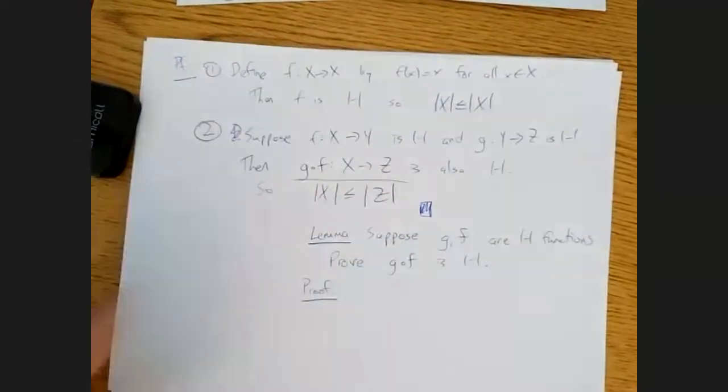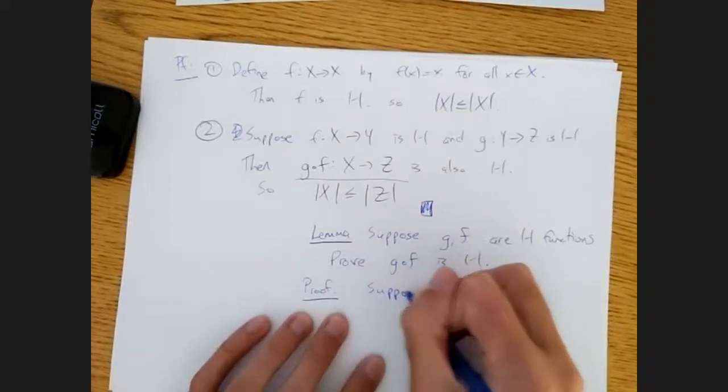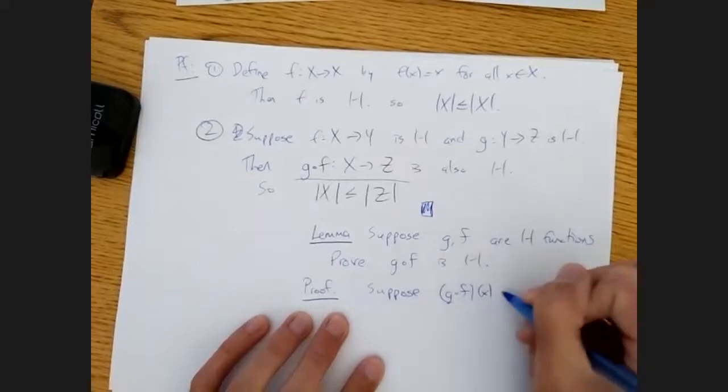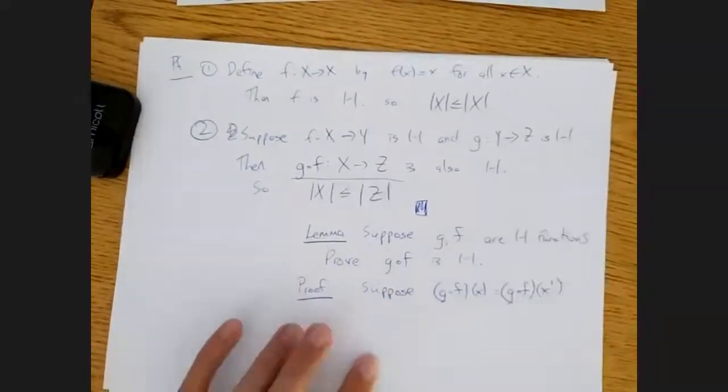Proof or solution. We'd have to remember the definition of one-to-one. We suppose g of f of x equals g of f of x prime.